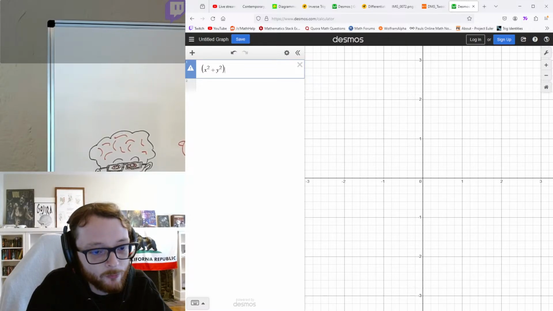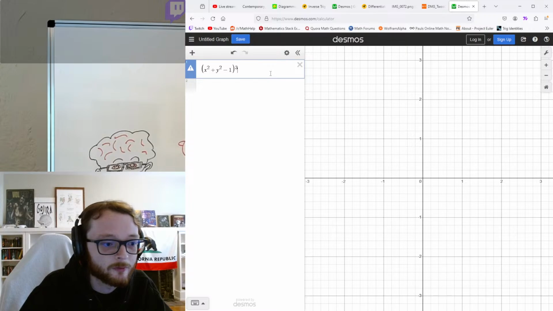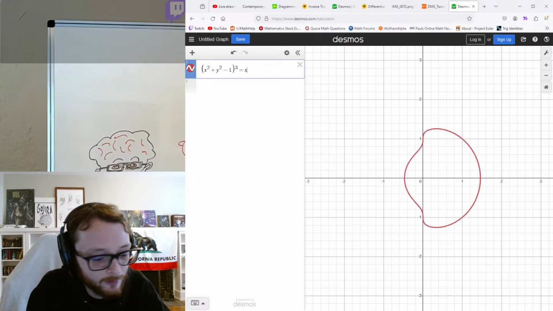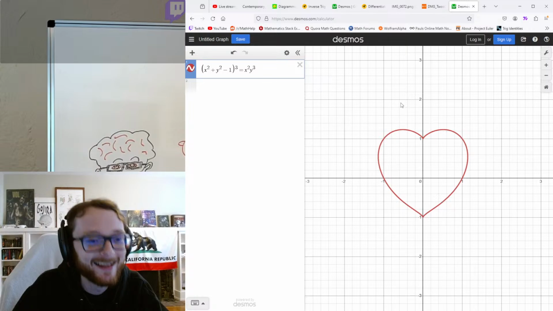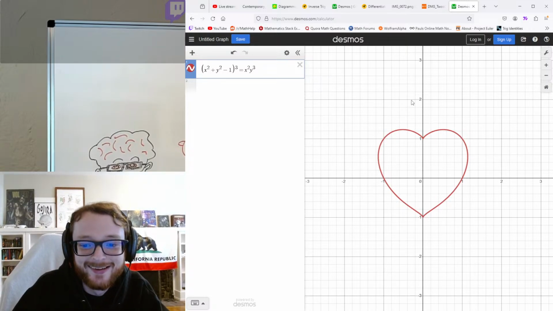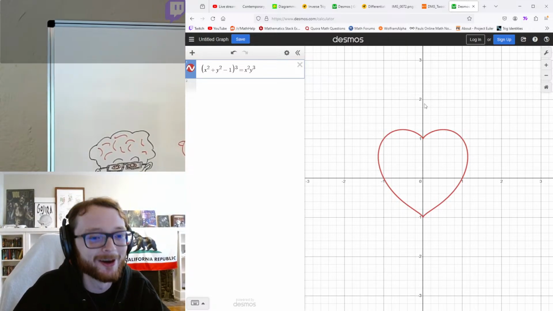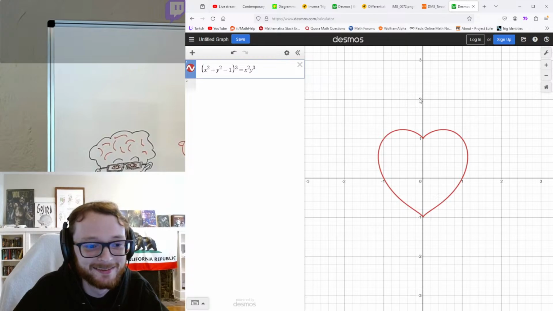Wait, oh, -1 cubed. Okay, let me get the -1 in there. There's a line break at an unfortunate spot there. Oh, it's the heart! I didn't recognize it. Someone showed this to me before, though. Thank you, Bladwee. It's a nice one.